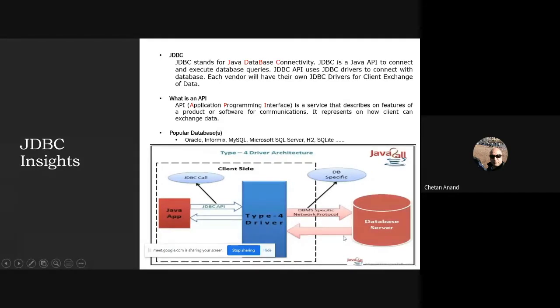The database server can be sitting locally or across the TCP/IP network. It depends on how you are going to communicate. Obviously, something sitting locally will be faster. Something sitting across the network or TCP/IP will have some latency. It depends on the infrastructure. Okay, is it clear?